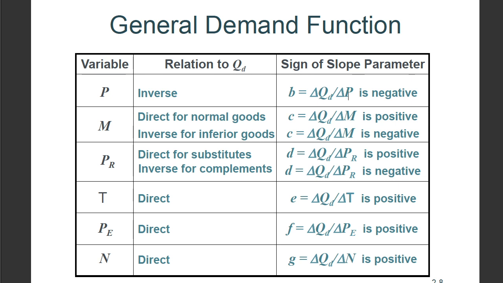So for the general demand function, we should see B as negative, C is positive for normal goods, and negative for inferior goods.